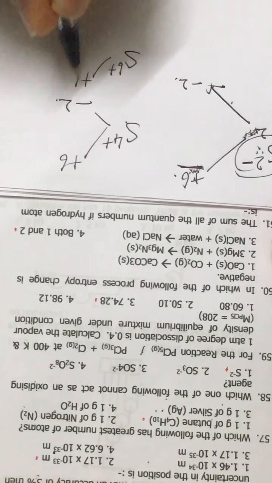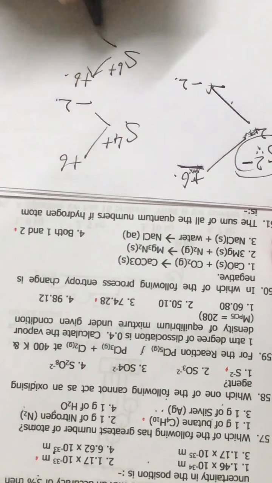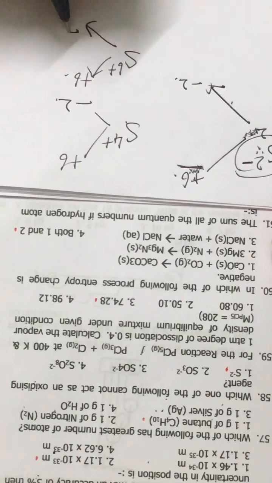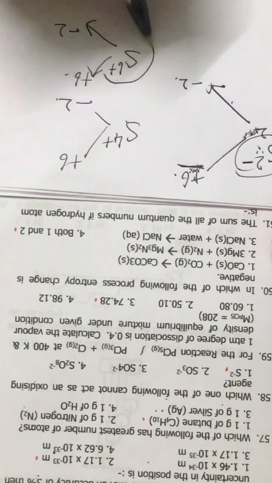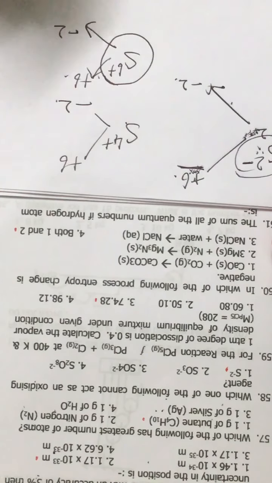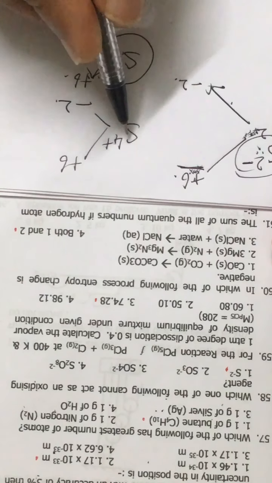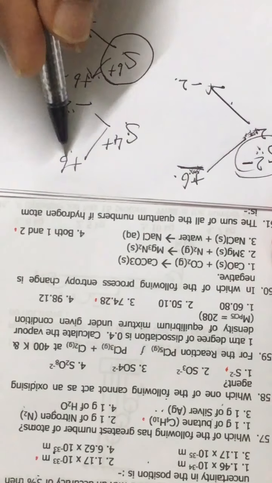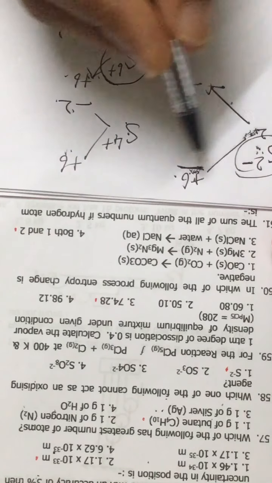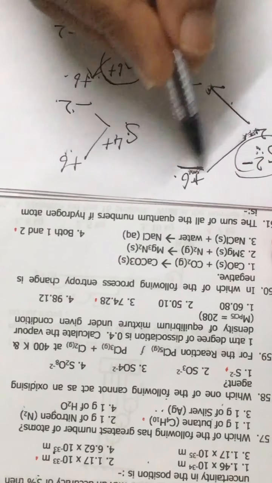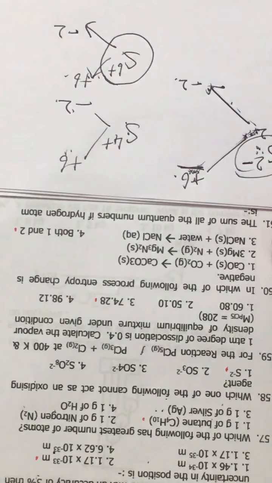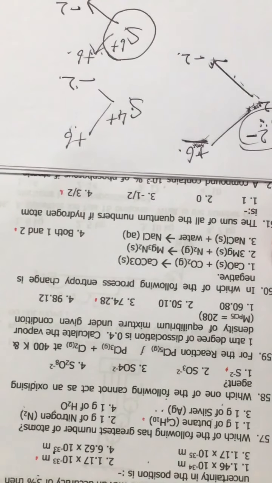It cannot be oxidized further, whereas it can be reduced up to -2. So SO4 2 negative can behave like oxidizing agent, not like reducing agent. SO3 2 negative can behave like both. And S2 negative can behave like reducing agent, not like an oxidizing agent. Like that, you can find it out.